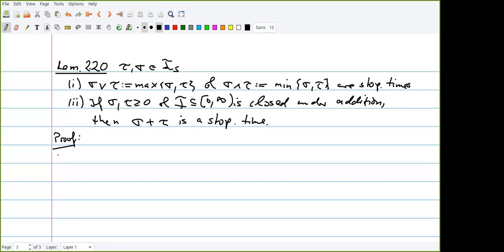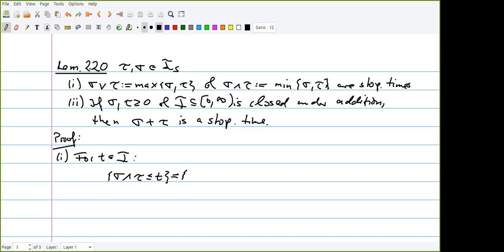All right. Step one. We want to show that the minimum and the maximum of two stopping times are stopping times. So let's take an element t in the index set, and what do we observe then? What we want to show is that we can decide whether to stop or not with respect to the minimum of tau and sigma at time t, so this should be measurable with respect to F_t.